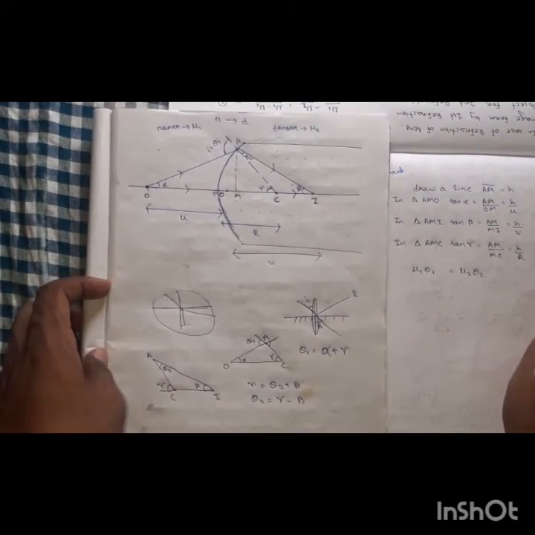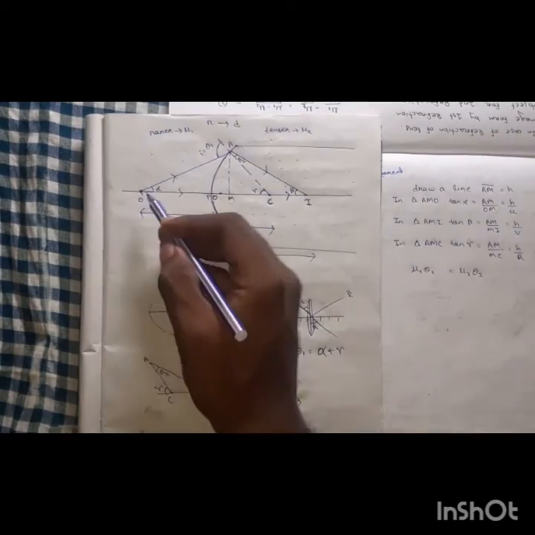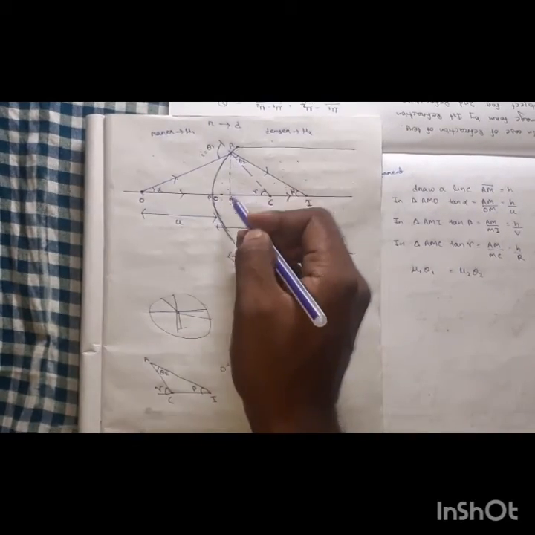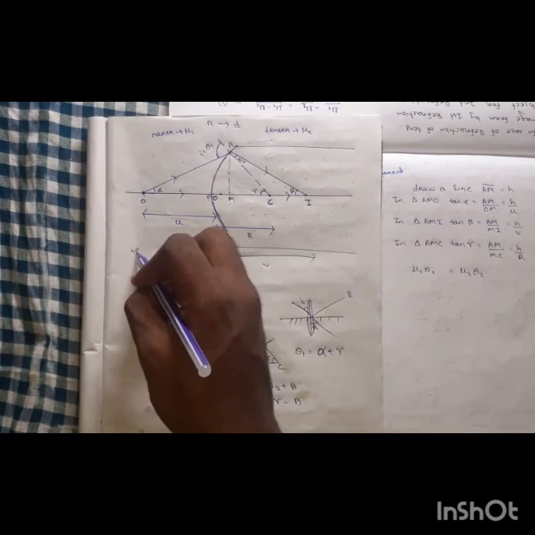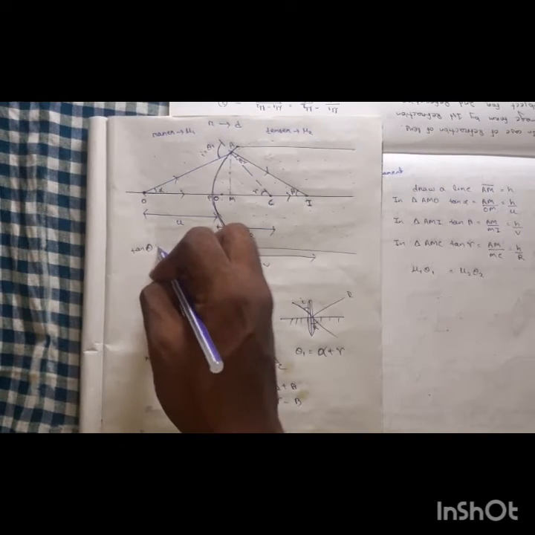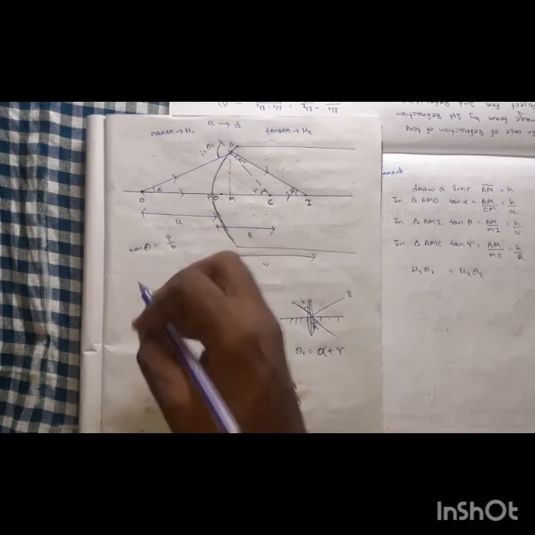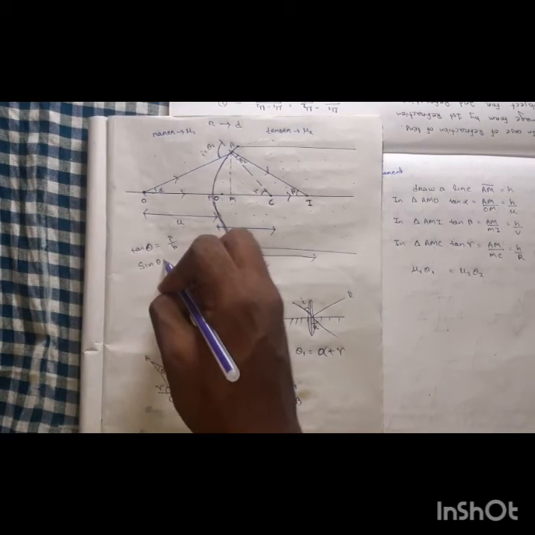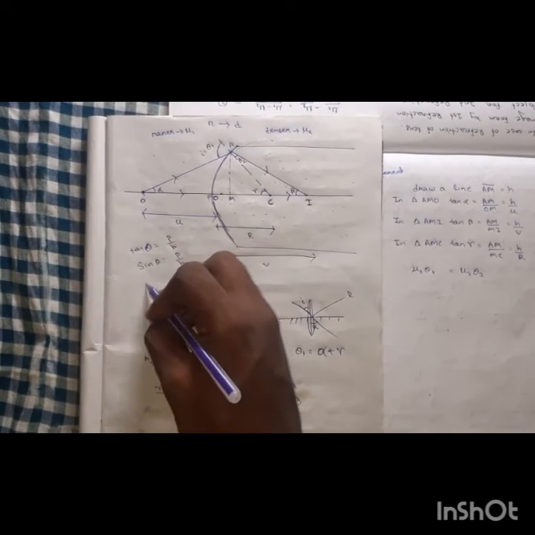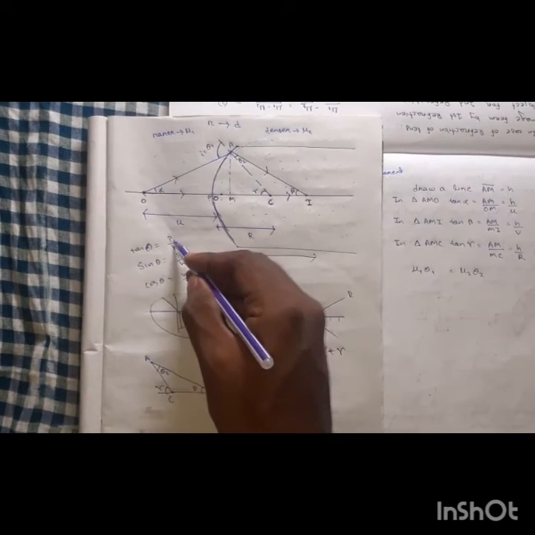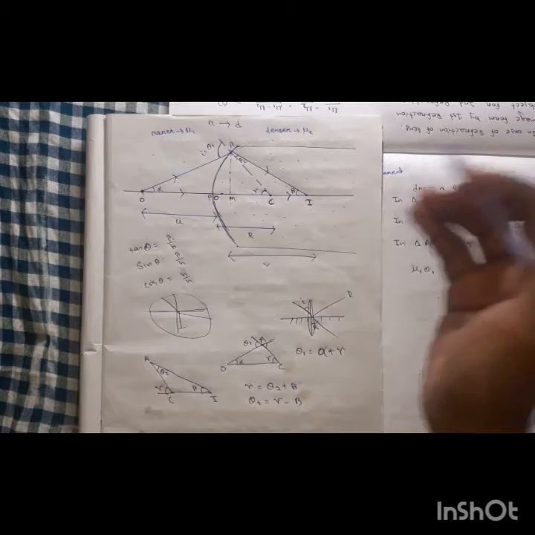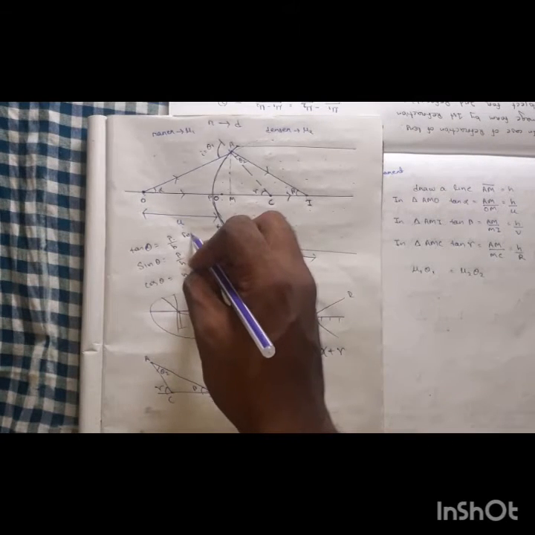Listen, are you seeing? From triangle OAM, tan theta equals P by B, sin theta equals P by H, cos theta equals B by H. And what is P? Front side is P.